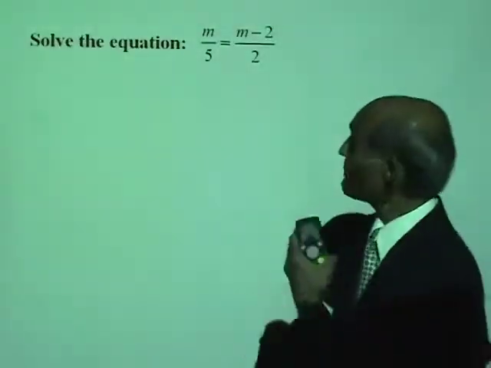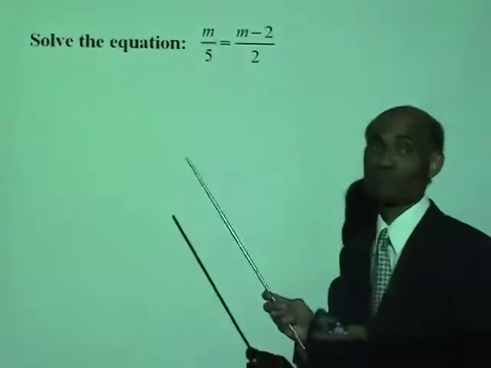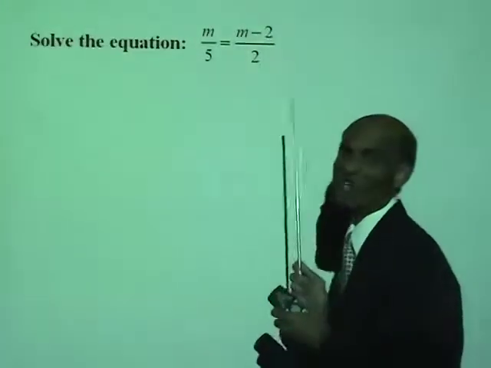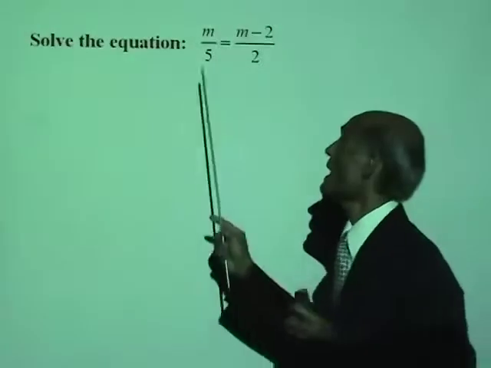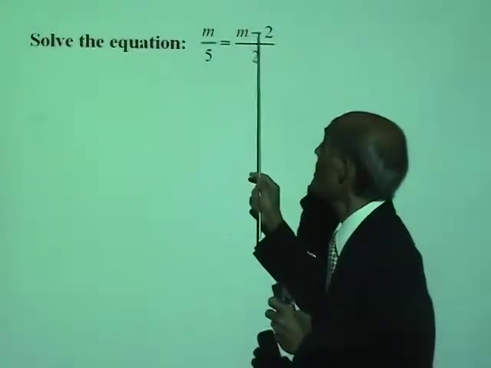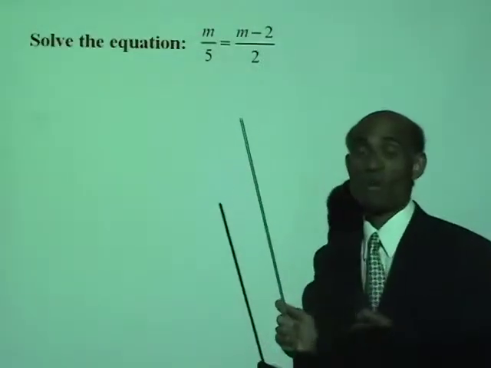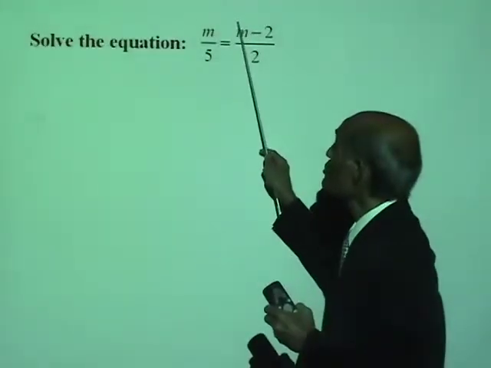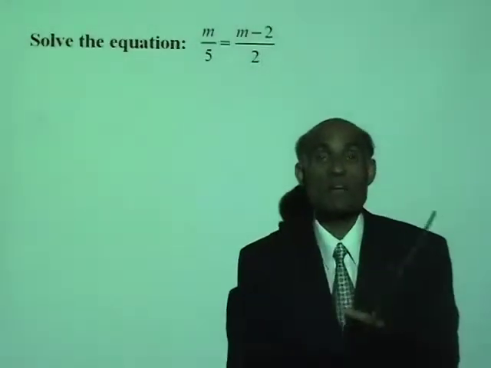Okay? Look at this equation, and there is a small little difference there. The numerator in this case is not just one number, it is a quantity. m divided by 5 equal to m minus 2 all over 2. Now the first thing to do here is identify this numerator as a quantity and group it inside a parenthesis.